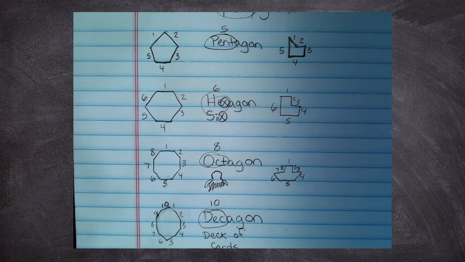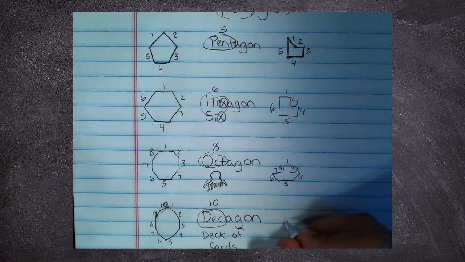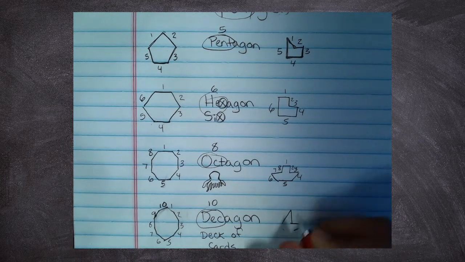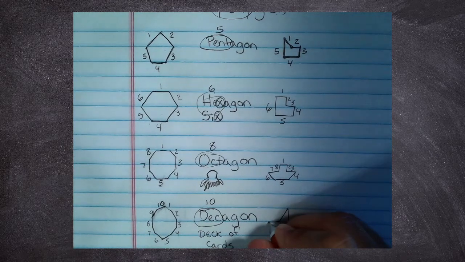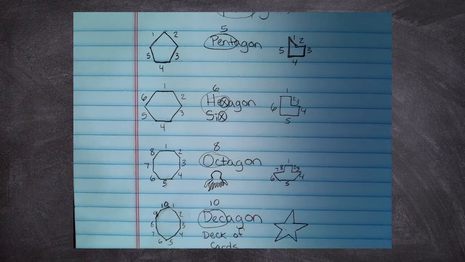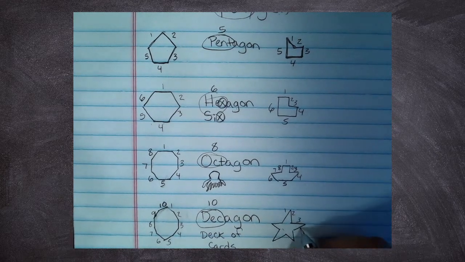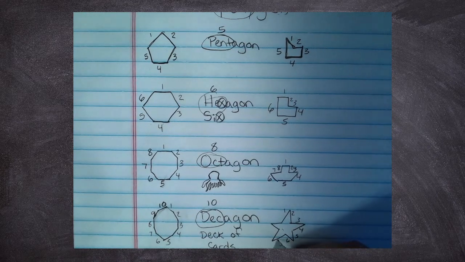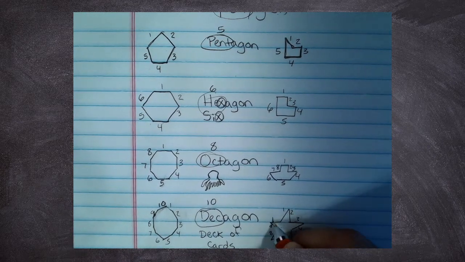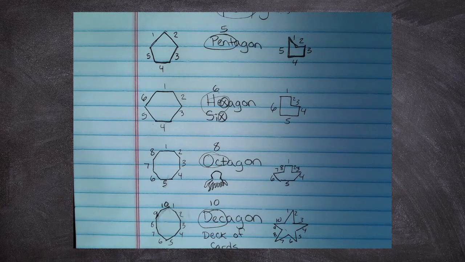I can do the same thing with the decagon. 1, 2, 3, 4, 5, 6, 7, 8, 9, 10. You're right. It does look like a boat.